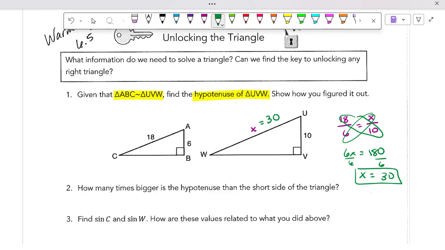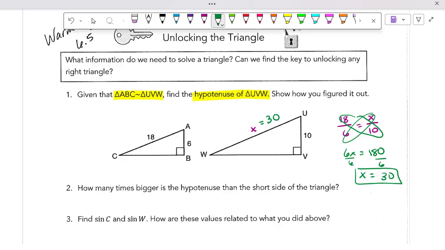So you could set up those proportions as long as you make sure the corresponding sides are next to each other. Yes, sir. Could you have also done 6 over 10 equals 8? Oh, 100%. So if you did 6 over 10 is equal to 18 over x, that's also fine.